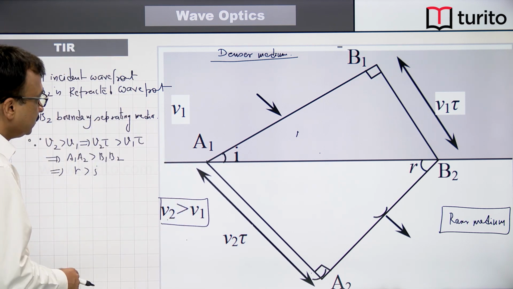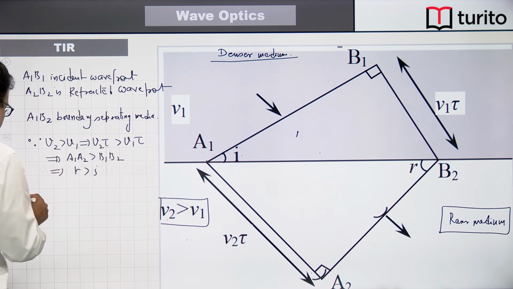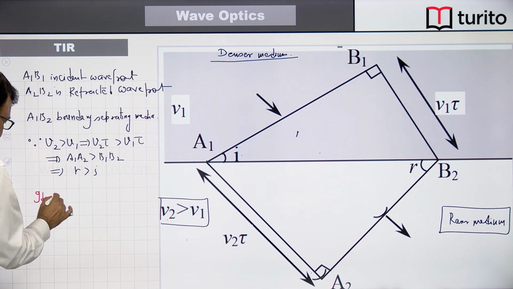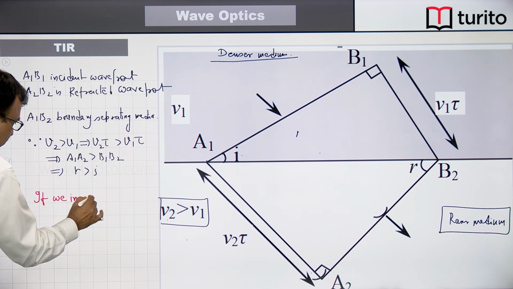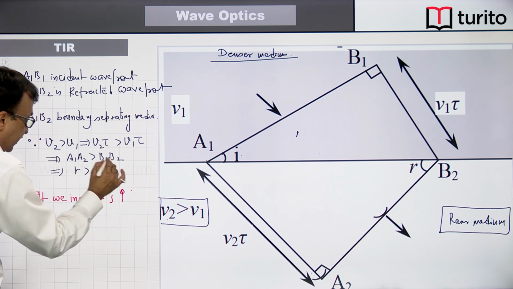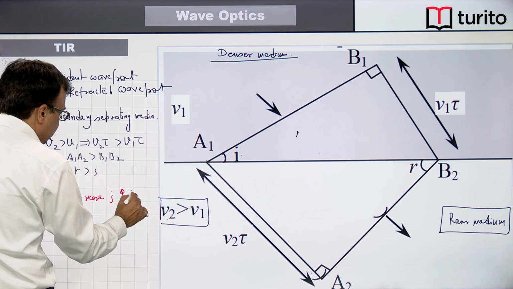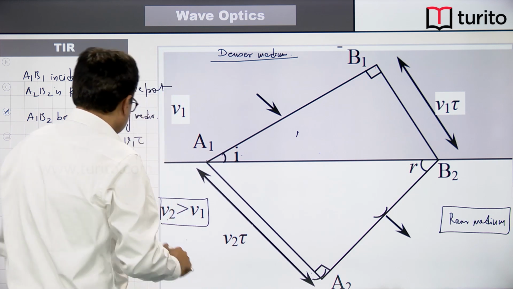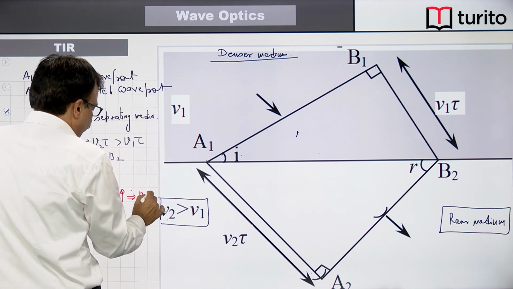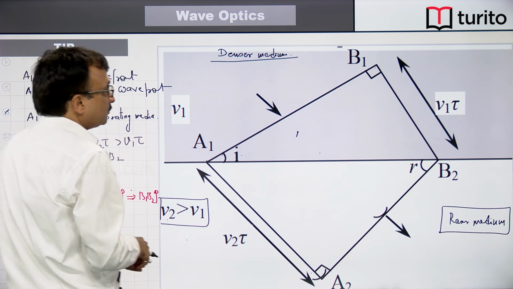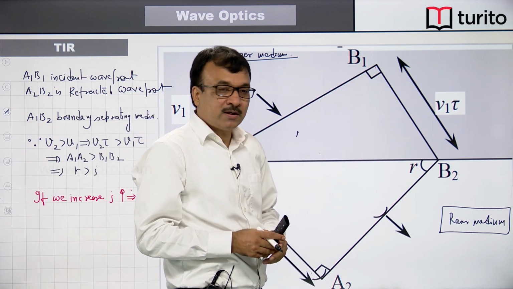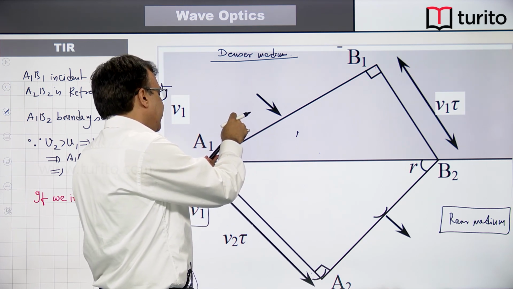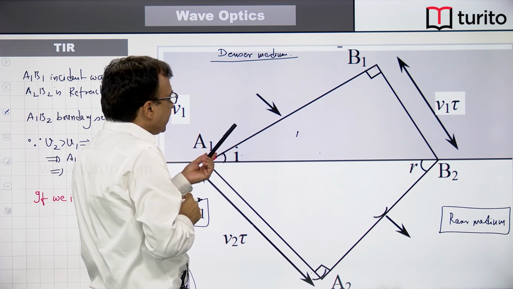Now, if we increase i, this distance B1 B2 will also increase, because if the wavefront is falling on the boundary like this, you have increased the angle of incidence.